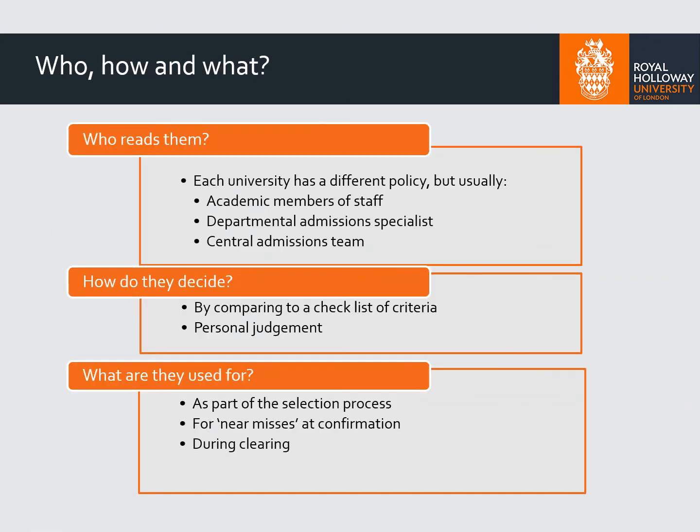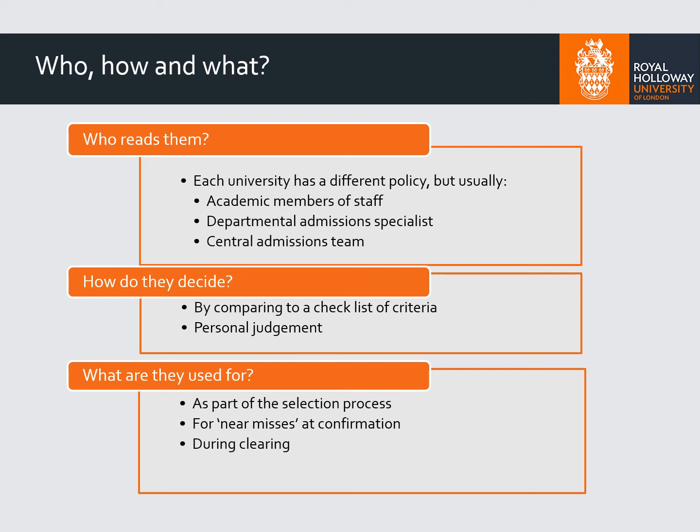So who reads them? Every university has a different policy. At Royal Holloway, we have a centralised admissions function, which means that it will be the central admissions team that are reading references. On some occasions, the reference will go off to the particular department. If the student has come through an unusual academic journey, for example, then the department will get involved to make sure that the student is capable of studying at university level.